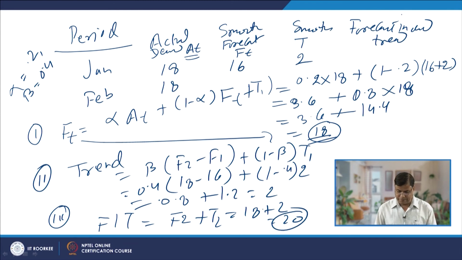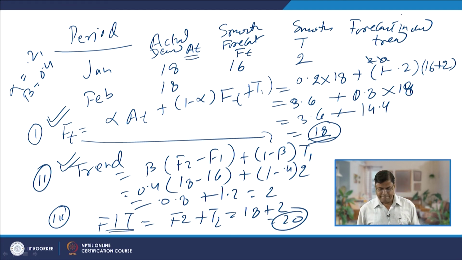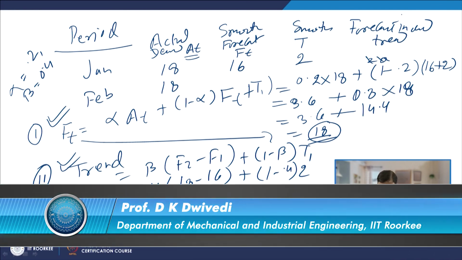The exponentially smoothed forecast including the trend becomes 20. So these are the three steps. Basically, we have to calculate the exponentially smoothed forecast, the exponentially smoothed trend, and then the forecast including the trend. The forecast plus the trend, these two give us the forecast including the trend.